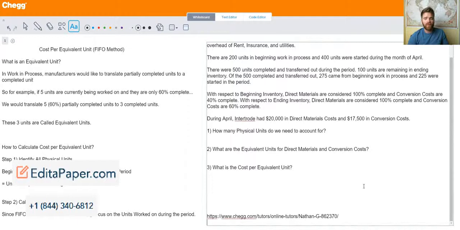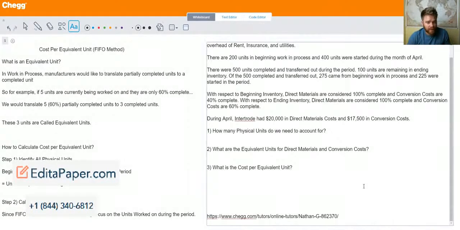Now, first off, in process costing, what is an equivalent unit? So in process costing, we're going to be focusing mainly on the work in process departments. So these are units that have not been completed yet. They're still being worked on.